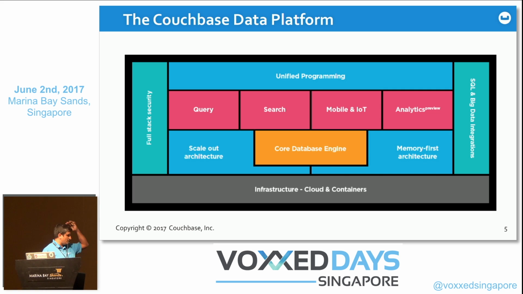Over your Couchbase database engine, you have various things like querying, that is querying with N1QL. You have search capabilities, that is, something called CBFT, Couchbase full text search. In case of full text search, like what you do using Elasticsearch, you can do with Couchbase, and it's built within Couchbase. CBFT is definitely not a replacement for Elasticsearch.